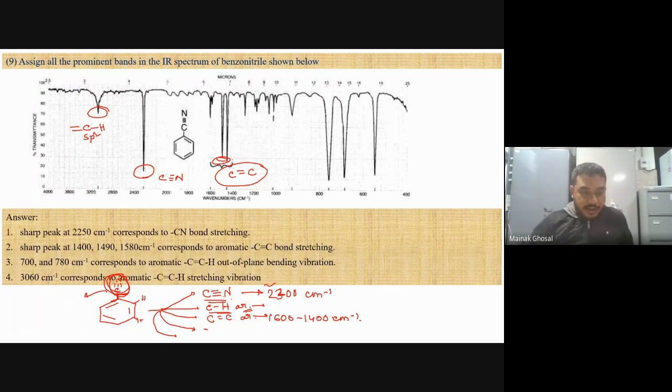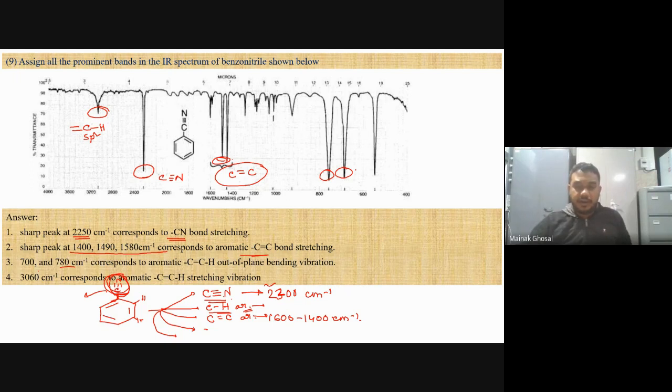So all the things I have written here: the sharp peak at 2250 centimeter inverse corresponds to C≡N. The sharp peak here corresponds to aromatic C=C bond stretching. The peaks at 700 and 780 centimeter inverse are coming due to out of plane bending vibration of C-C-H bonds.